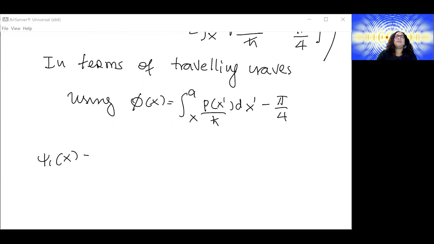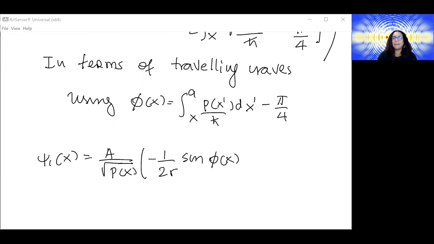I'm just going to put the result, and we're going to have A over square root of p(x), minus 1 over 2R sine phi(x) minus 2iR cos phi(x).